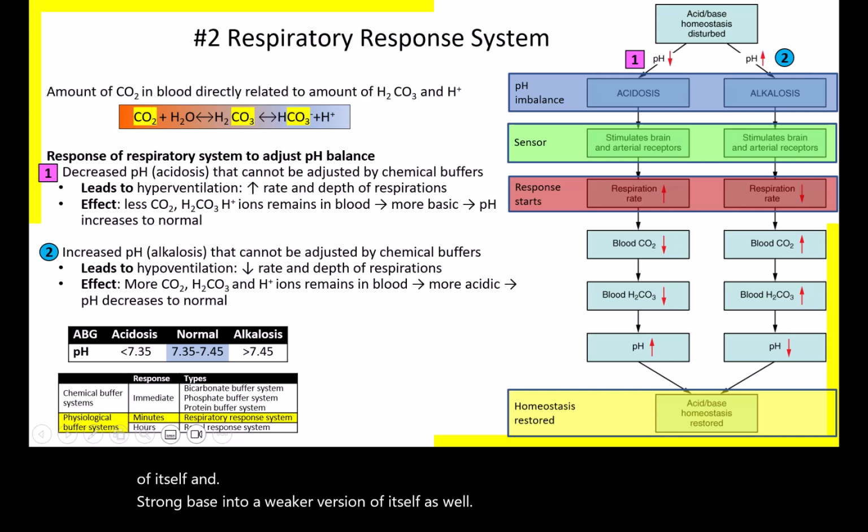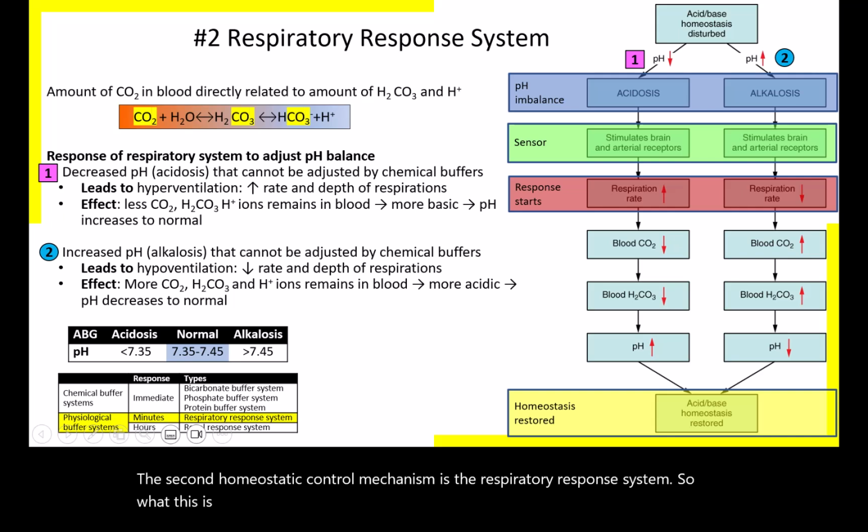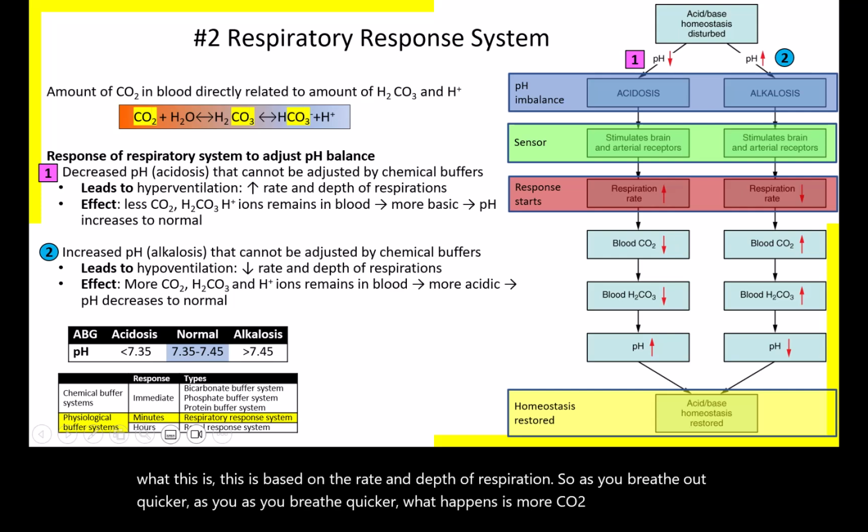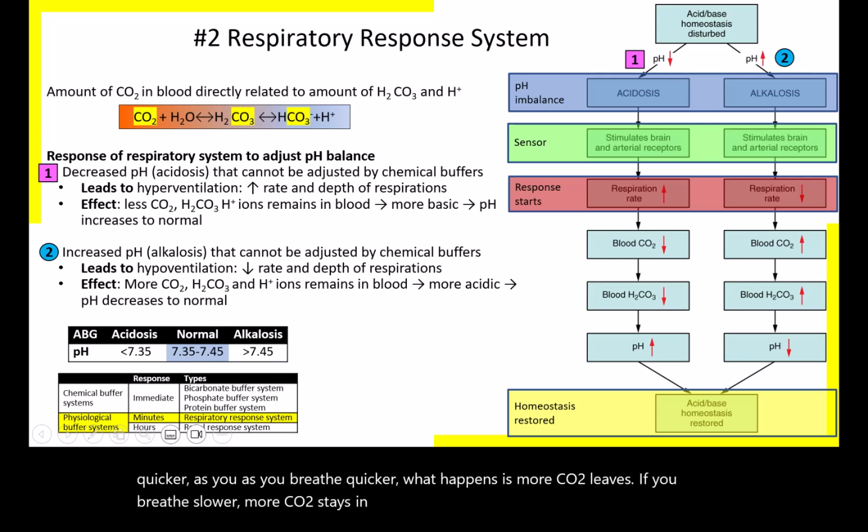The second homeostatic control mechanism is the respiratory response system. This is based on the rate and depth of respiration. As you breathe quicker, more CO2 leaves. If you breathe slower, more CO2 stays in blood, right?